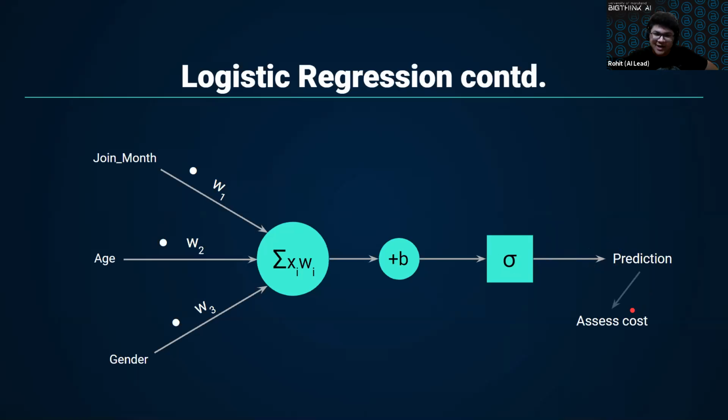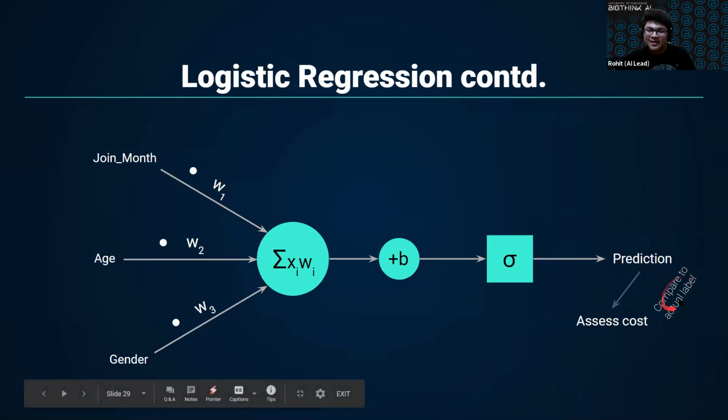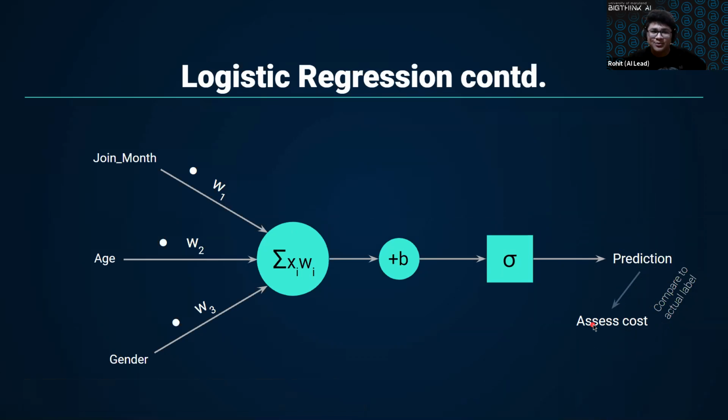We assess the cost. How do we do that? We compare it to the actual truth about that data point. In that data point, maybe the customer joined in May, is 53 years old, and is male. If they stayed, but we guessed that they left, we have to make that comparison and calculate the cost according to a cost function that's usually defined within these libraries.